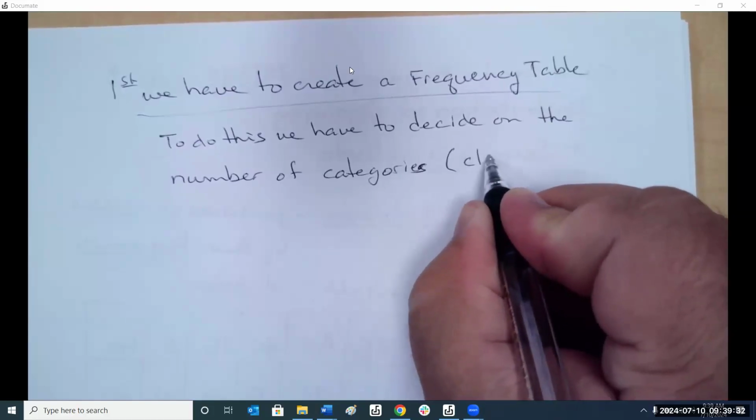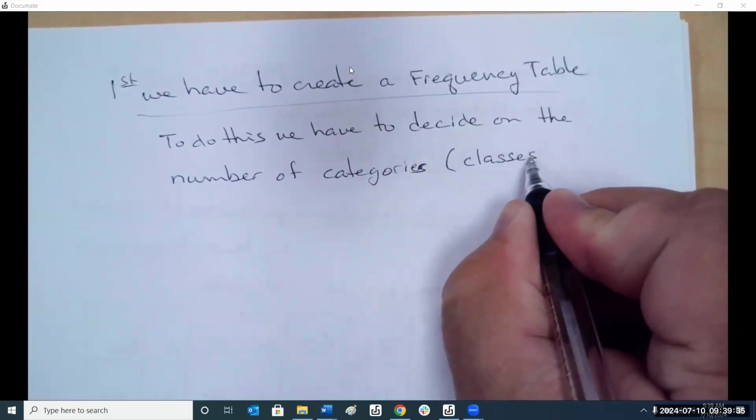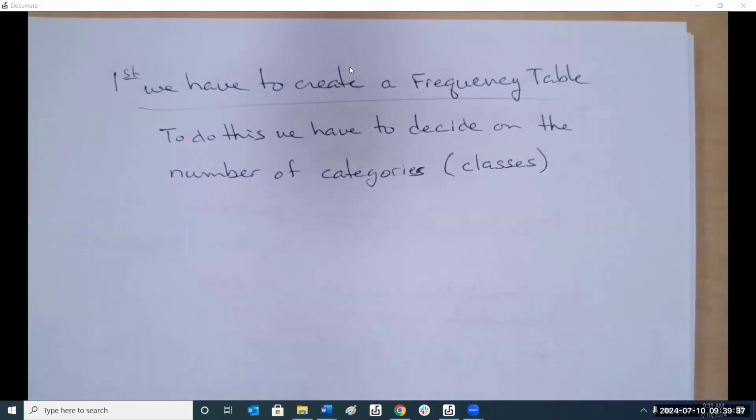These are called classes. Basically, a class represents how many rows we are going to have. Because if we took these numbers, we'd have 50 of them straight up and down. So we don't want to do that. So we have to put them in a frequency distribution.